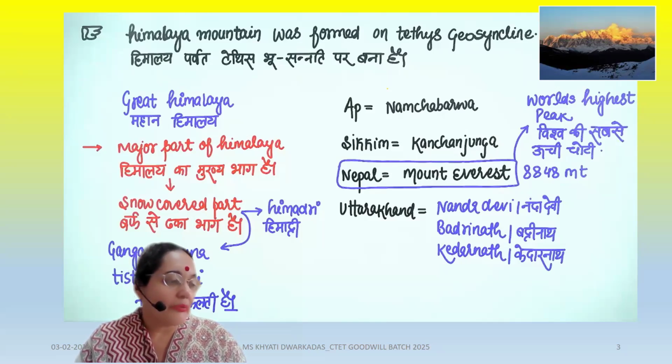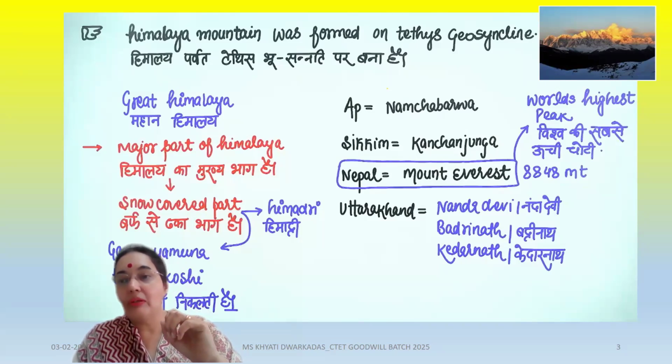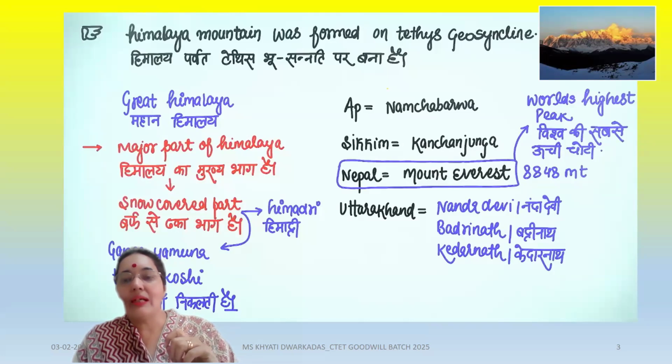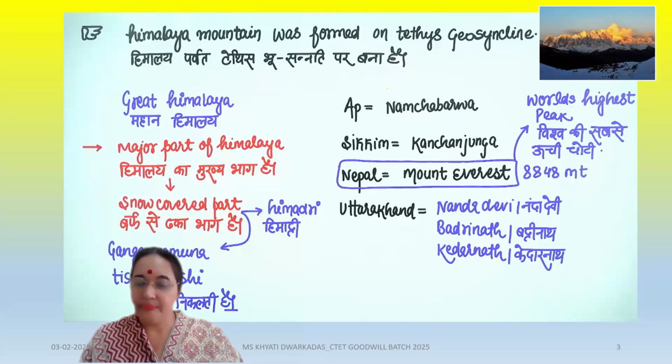However, I also showed you that China considers Mount Everest not at 8848 meters, but we saw the Chinese consideration at 8850 meters. And with that, we also saw Uttarakhand having Nanda Devi, Badrinath, and Kedarnath. So we saw all these peaks last time.